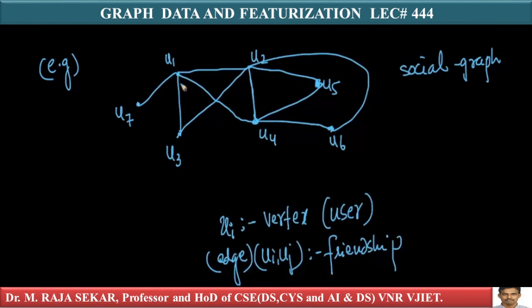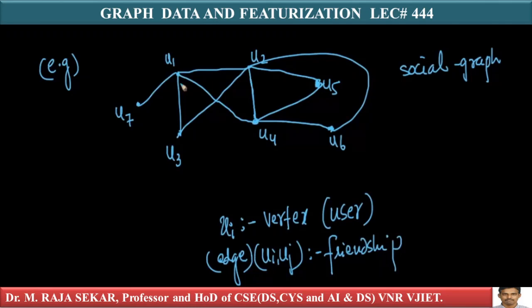Imagine I have a graph like this where each vertex or node is a user. User U1 is connected to user U2. U2 is also connected to U4. U1 is connected to U3. Let's say U2 is a friend of U5.